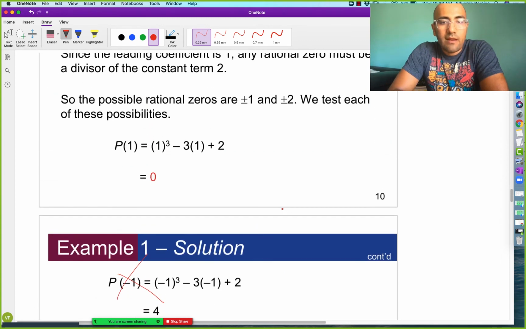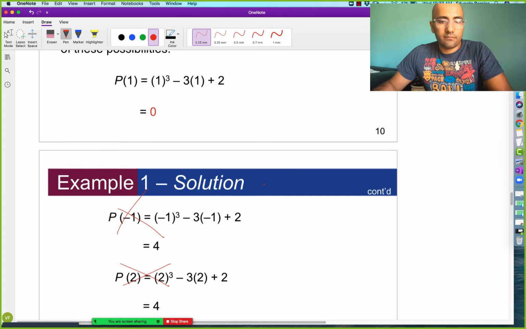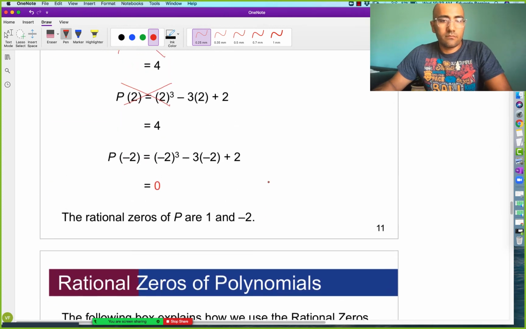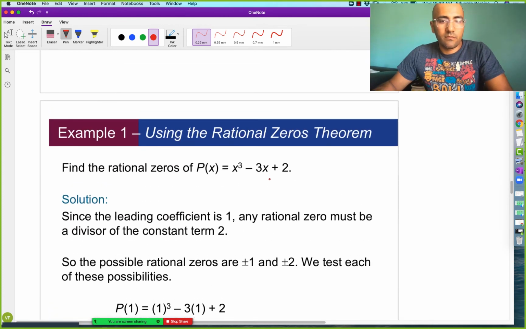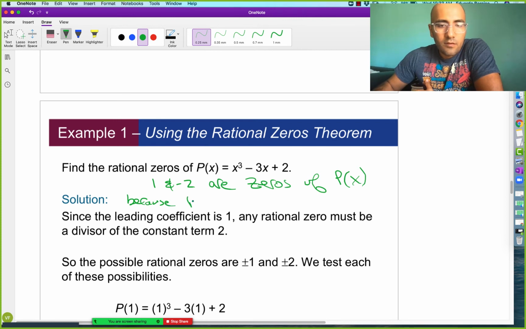Good. From that, we conclude that this thing must factor. That must mean that 1 and negative 2 are zeros of p of x, because p of 1 equals 0 and p of negative 2 equals 0.